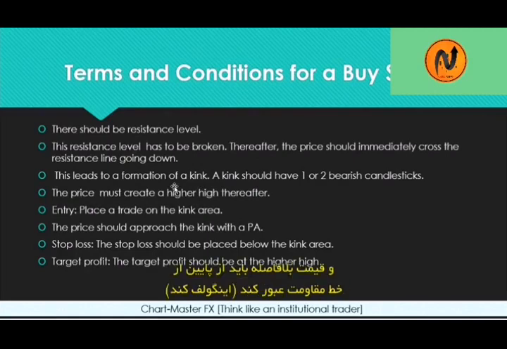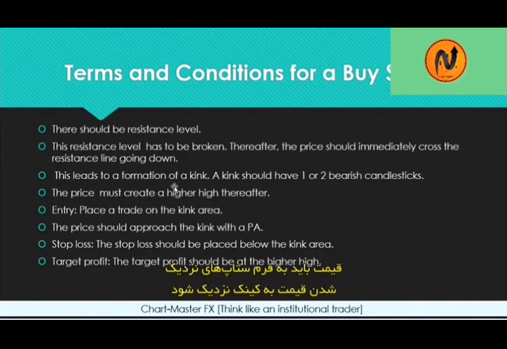Thereafter, the price should immediately cross the resistance line going down. This leads to a formation of a kink. A kink should be one or two bearish candlesticks. The price must approach a higher high thereafter. Price must create a higher high thereafter. Entry: place a trade on the kink area.